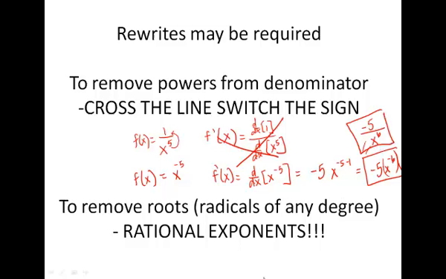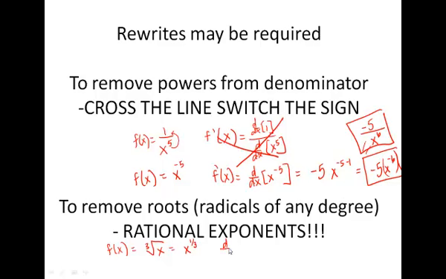To remove roots, let's say that I had f of x is equal to the cube root of x. We have no rules so far that I just presented in those last two slides that have any kind of roots. But remember that any kind of root can be written as rational exponents. So instead of having the cube root written like that, I'm going to have x to the 1/3. Now same thing applies.